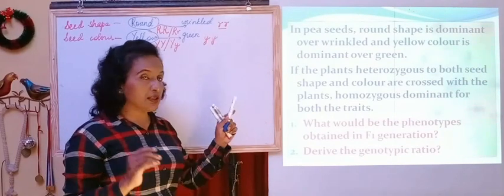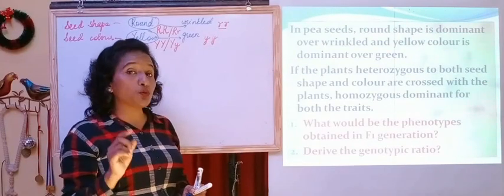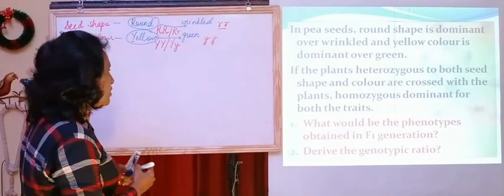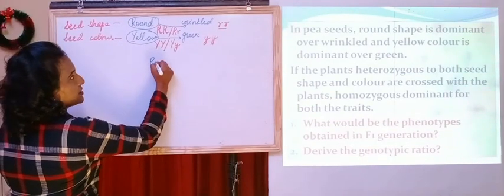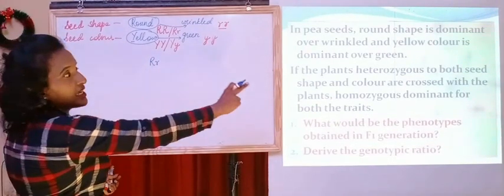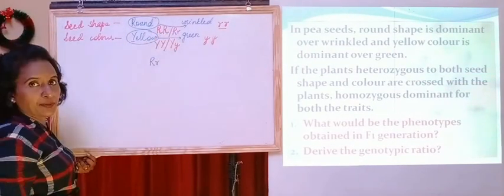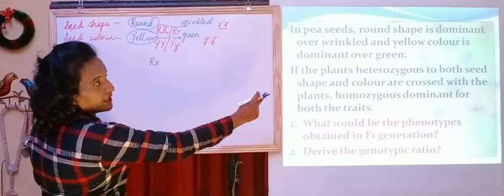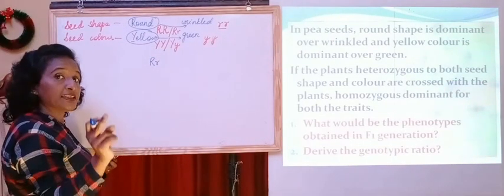We'll read it once again. If the plant is heterozygous for both seed shape and color, what I will take here is capital R, small r, since it is heterozygous for seed shape. And for color, heterozygous for the other trait, that is color.